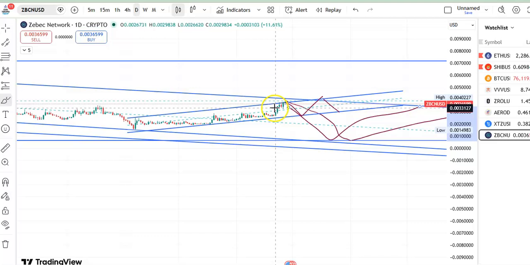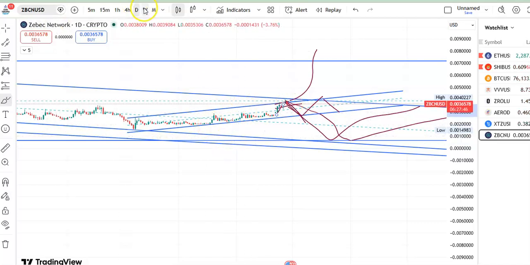Currently the candles are very near to this resistance level. Either the breakout may happen and the candles may go up, or else it may fall to the support level. Previously it was moving near the support level, and then it went up to the resistance level. You can see that very clearly.